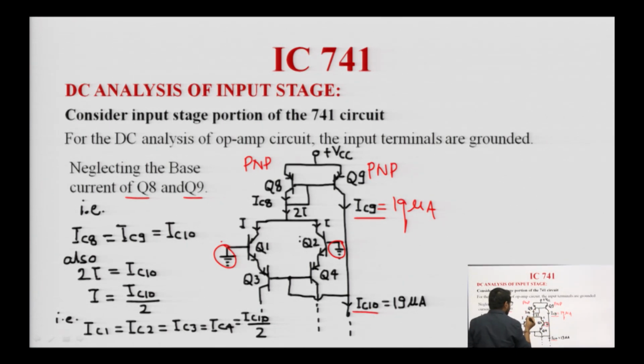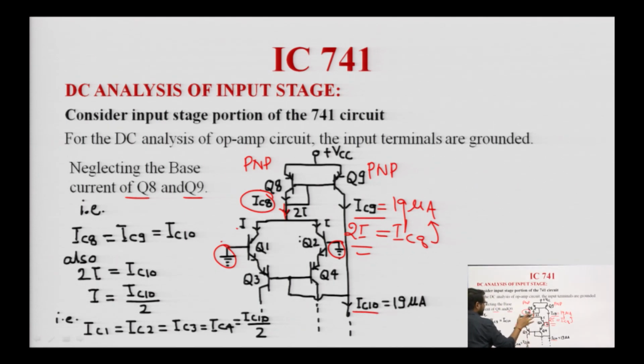So, we can say that the collector current IC8 is also equal to IC9. So, IC8 is also equal to 19 microampere. Let us suppose that the current in this branch is 2I, and it is separated into two identical transistors Q1 and Q2 with I and I. So, we get 2I equal to IC8, and we neglect the base current.